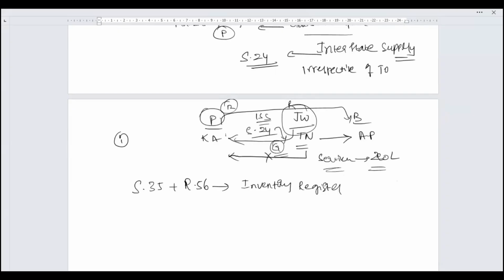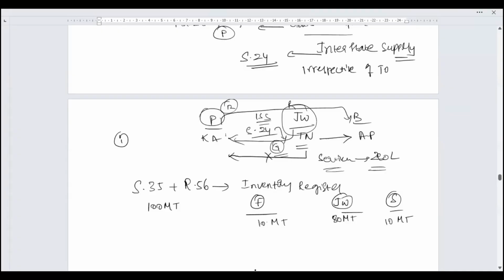Okay. Now, assuming that you bought this 100 metric ton steel, na? In your inventory, like this is your factory, this is your job worker, this is your site. Assuming factory, you have 10 metric ton, you have a job worker 80 metric ton, balance you have here.